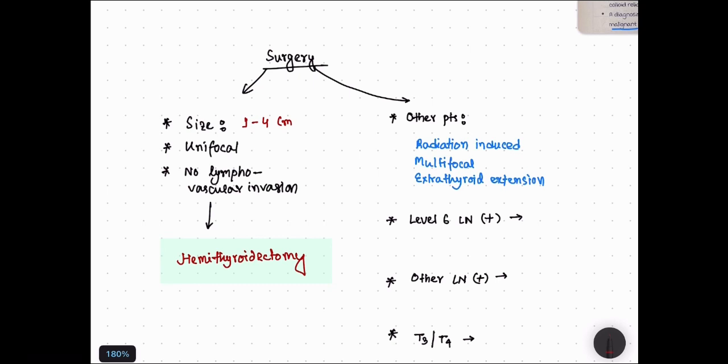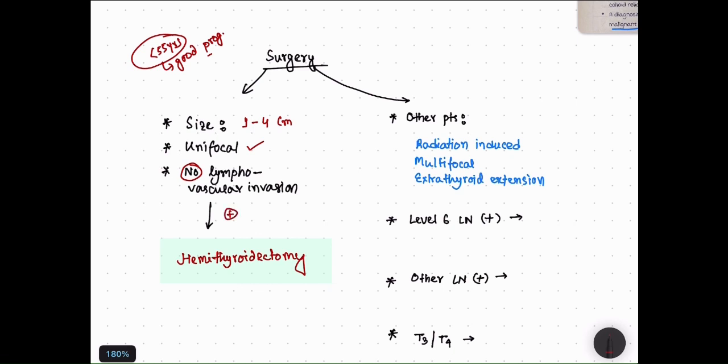Recently it has been said that if the thyroid carcinoma appears at less than 55 years of age, it has good prognosis, and if more than 55, then bad prognosis. Coming back here, with size 1 to 4 centimeter, unifocal, and no lymphovascular invasion or distant metastasis, if all these criteria are present, then we perform hemithyroidectomy.